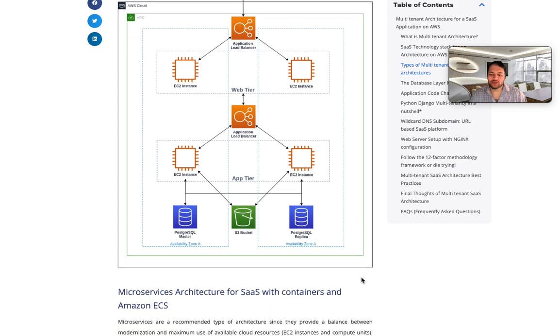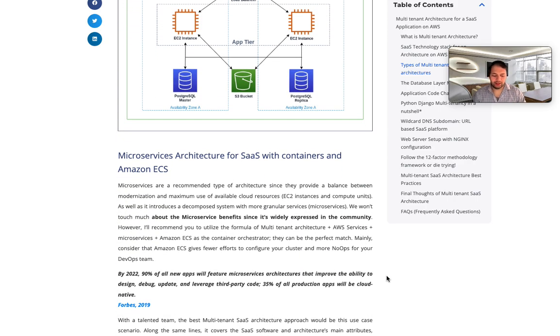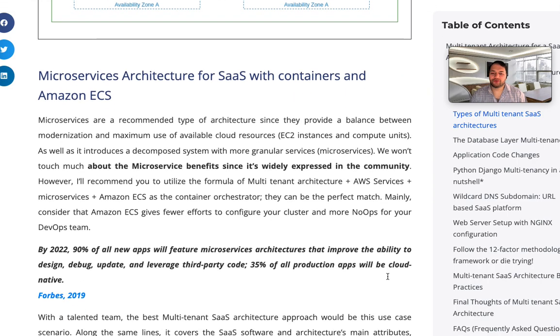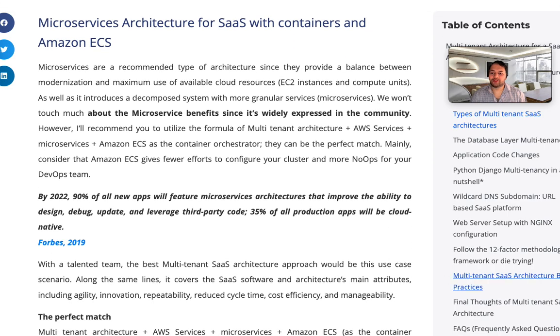Let's continue to talk about the microservices architecture for SaaS with containers and Amazon ECS. Microservices are a recommended type of architecture, since they provide a balance between modernization and maximum use of your cloud resources. It also introduces a decomposed system with more granular services, the microservices.